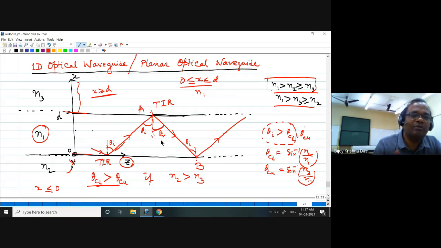In other words, I consider that along y direction it is infinitely extended as well. But that is practically impossible. Along z direction or y direction, it cannot be extended infinitely for a practical device, right? But at least we can say that dimension should be much higher than d, should not be less than d, of course.